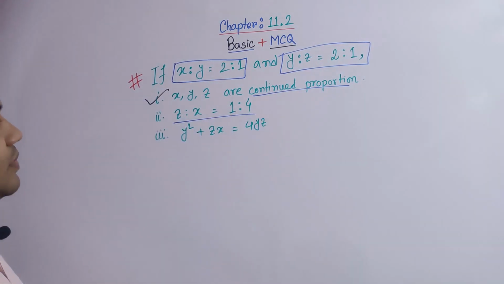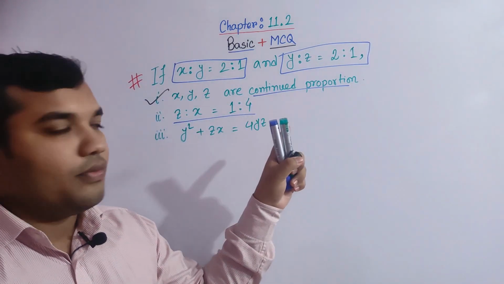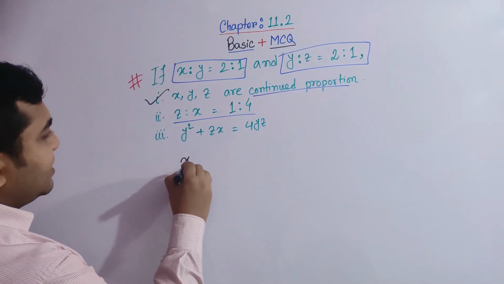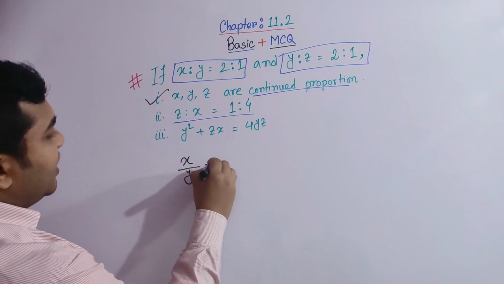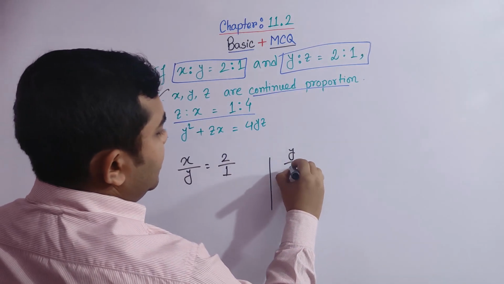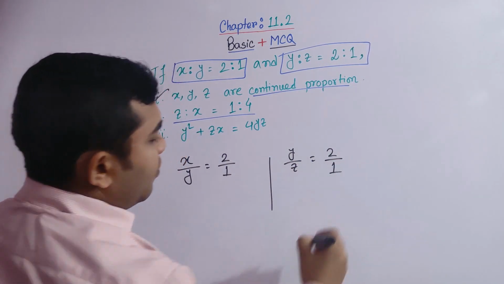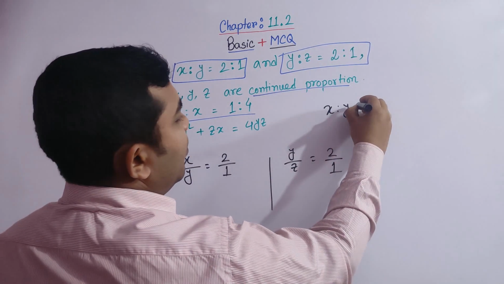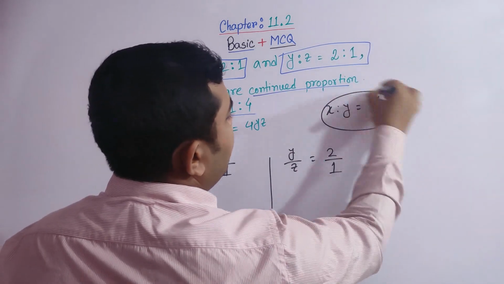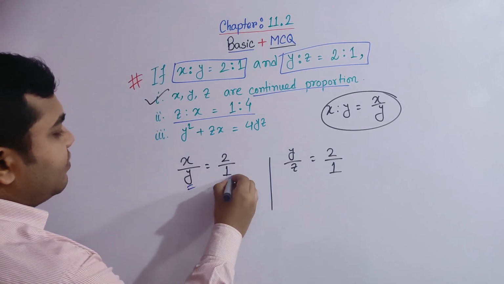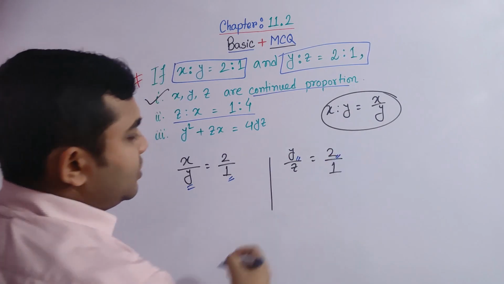What about number 2? To find the value of z to x, we need to do some calculation. Here it is given x to y, that is x by y equal to 2/1, and y by z is equal to 2/1, because we have already told you that if something is given as x is to y, that means x by y. Here we observe that the value of y here is 1 and here the value of y is 2.